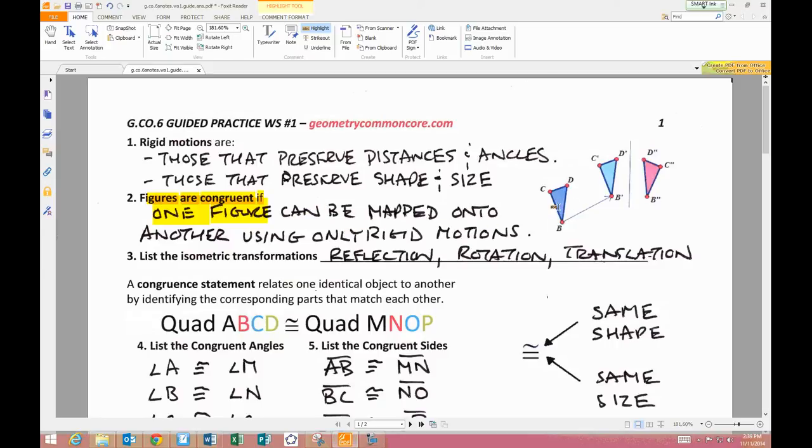So in the example here, we take CDB, we translate it up here, and then we reflect it across, and the figure is mapped onto the other. So here are those 3 rigid motions again, right here.